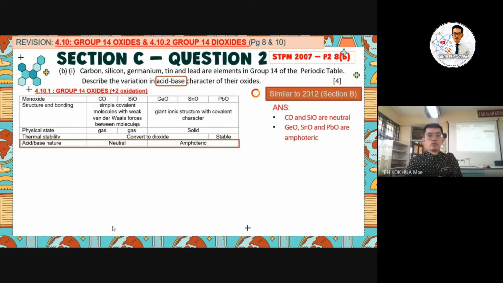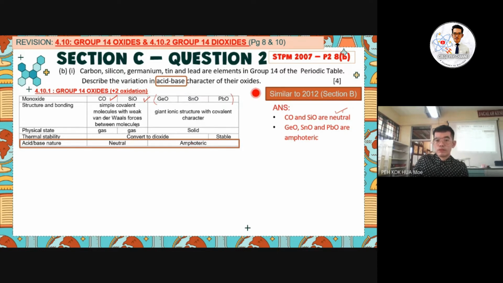You can see that the monoxides, carbon monoxide and silicon monoxide, are neutral. Here there are 4 marks. The first mark is given for this, and then you also have to state the acid-base character for germanium monoxide until lead monoxide here.